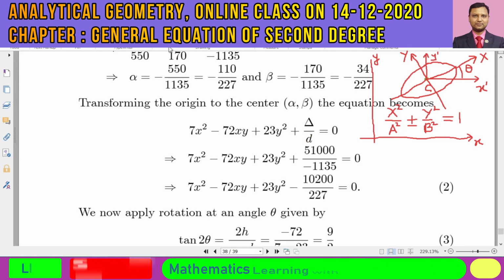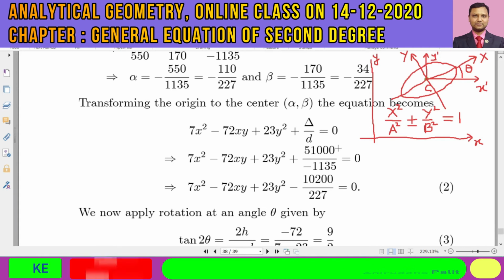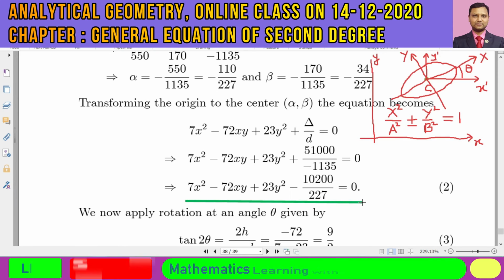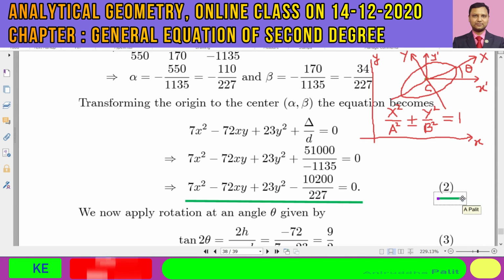Anyway, so now we put the expression of delta and the expression of D over here, and we get this expression. The total expression of this given equation is now converted into equation number 2. Got it?